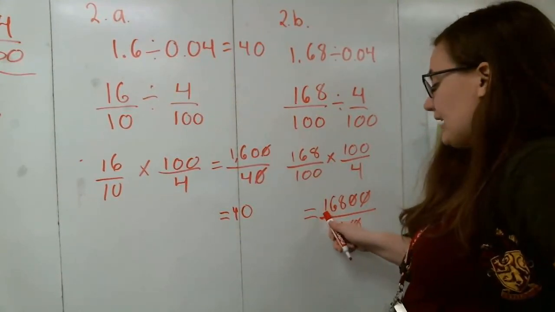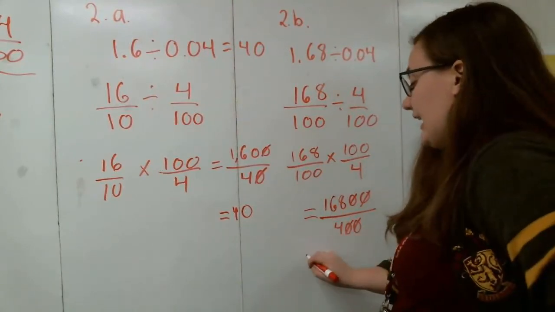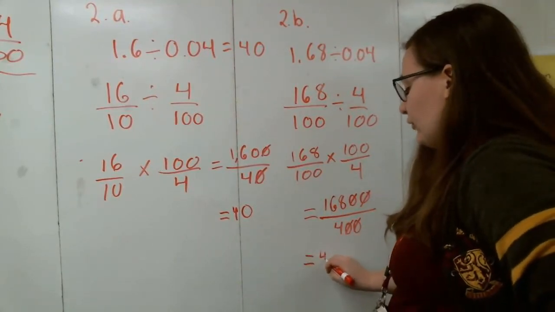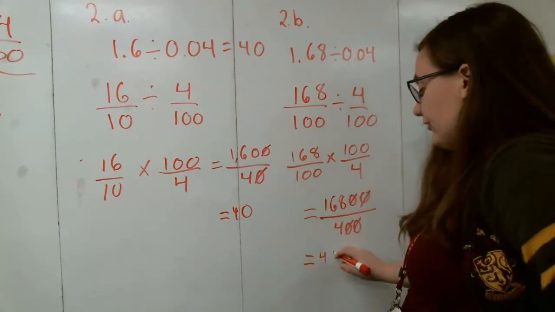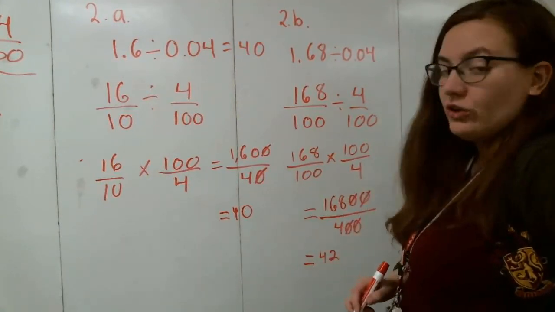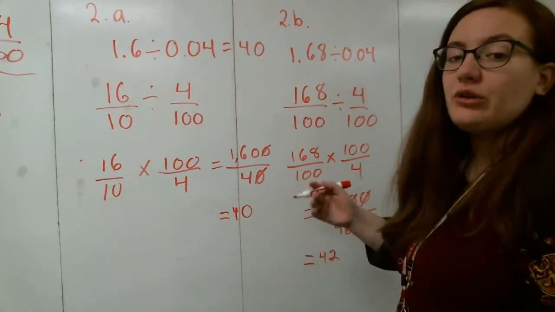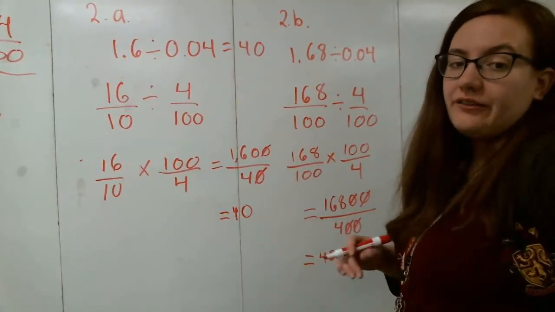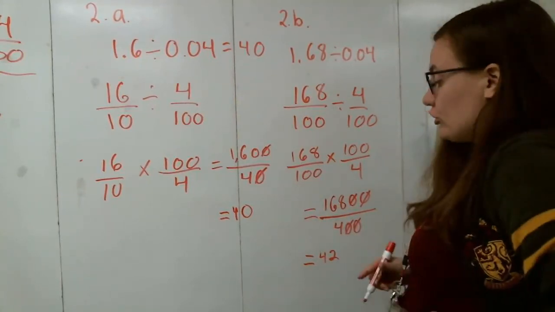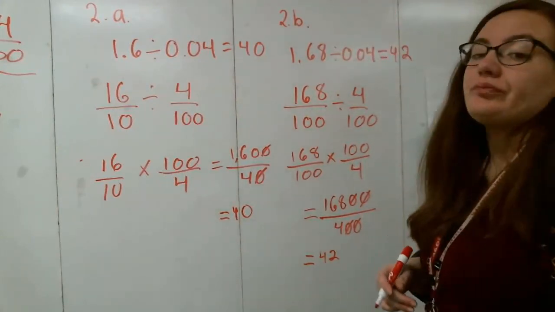So for example, I can do 16 divided by 4, and I know that that equals 4, but then I also have this 8 divided by 4 left over, and I know that that equals 2, and then that would be my final answer. And of course, you can always use that standard algorithm if you would like to help you solve these problems as well. So our answer for this one is 42.